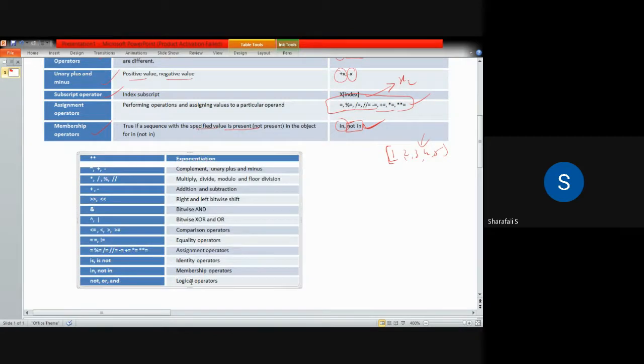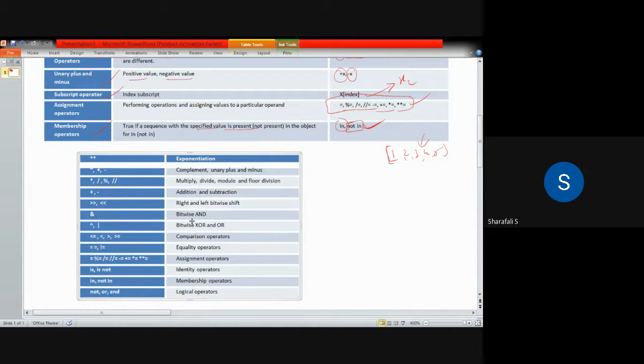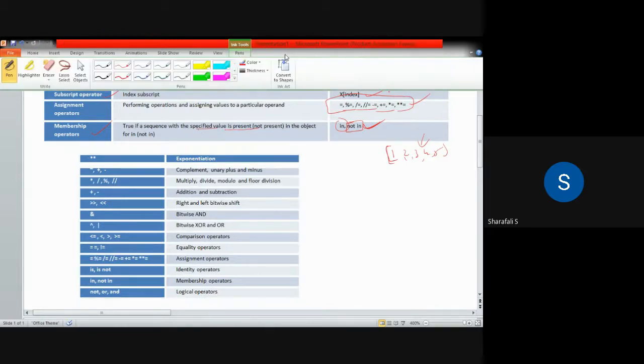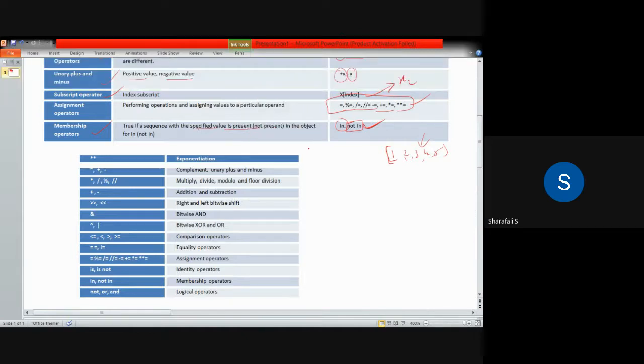Because if you have a large number of operators in the same instruction, we have to give priority to some operation. Then only that particular operation will be performed first, and after that the other operations are performed.